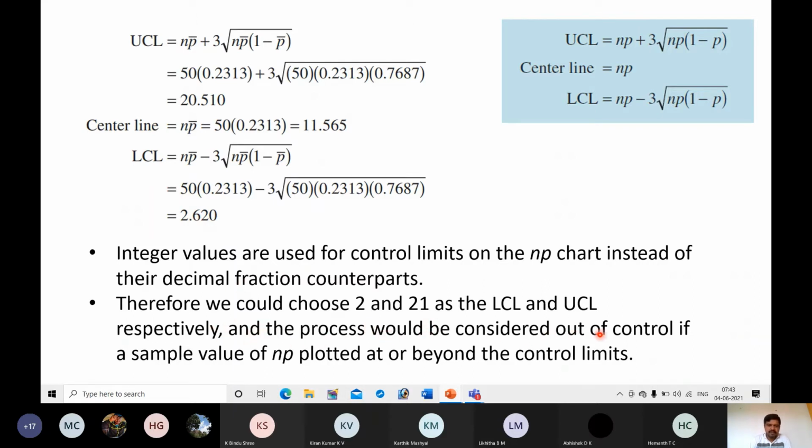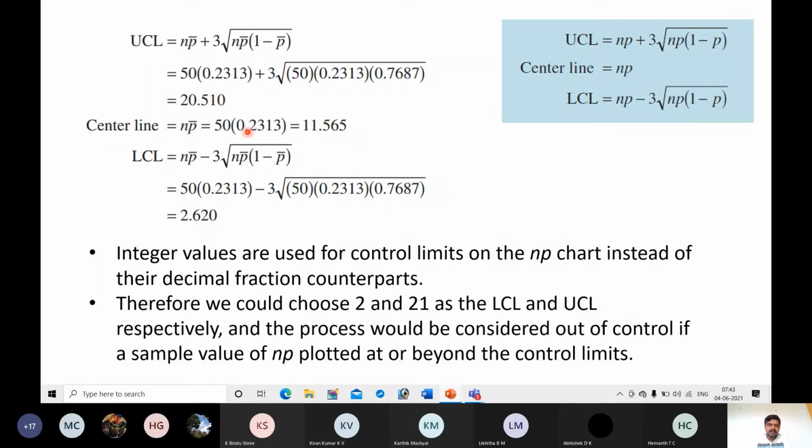And the process could be considered out of control if a sample value of NP is plotted at or beyond the control limits. So it means, suppose on the control chart, if a point lies on 2, that is also considered an out of control point. Again, if the point lies on 21, that point is also considered out of control, because the actual value is 20.510.